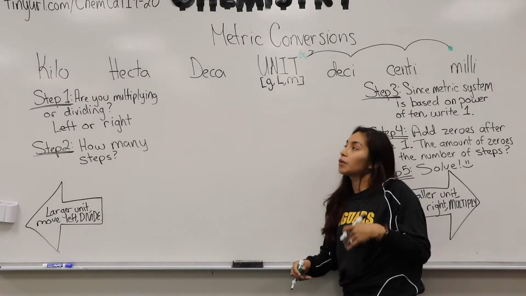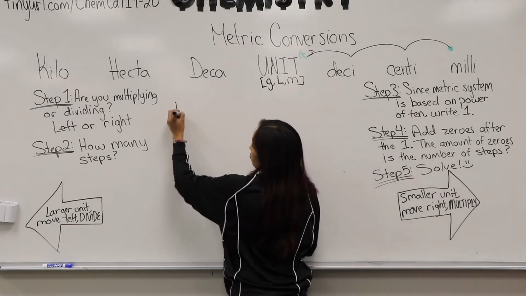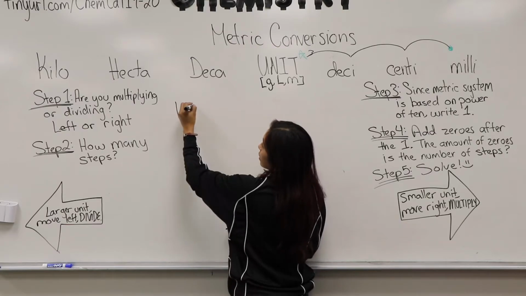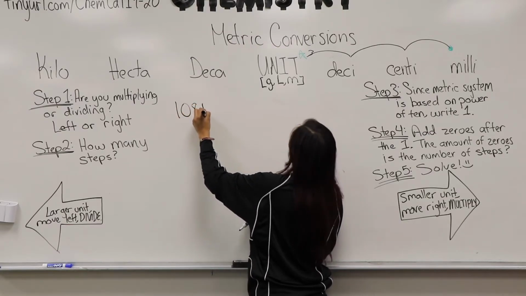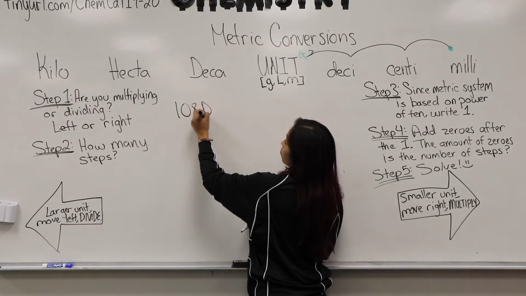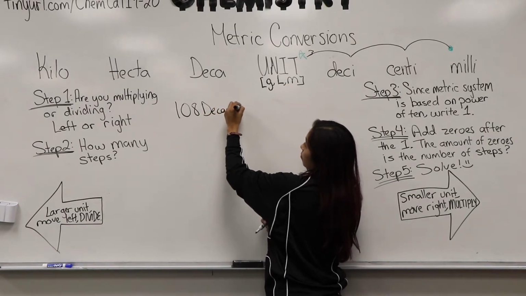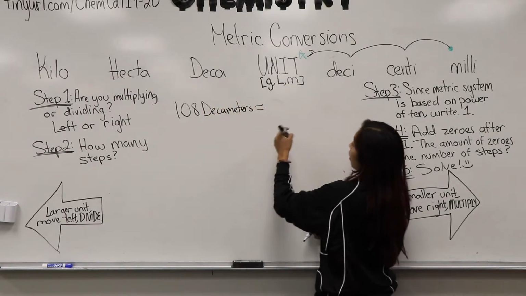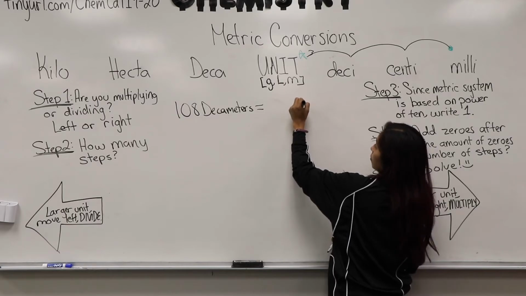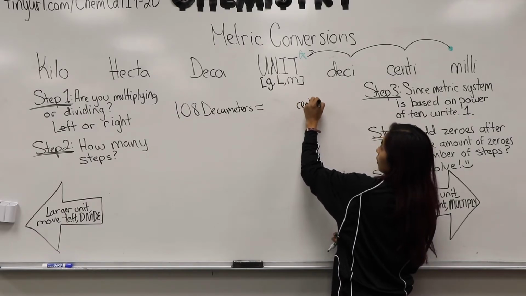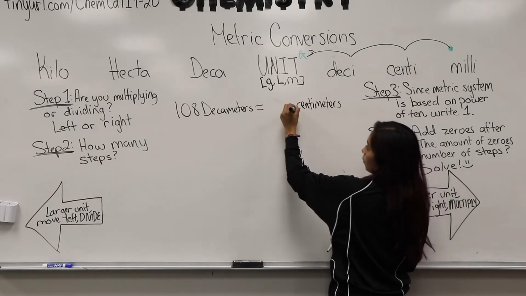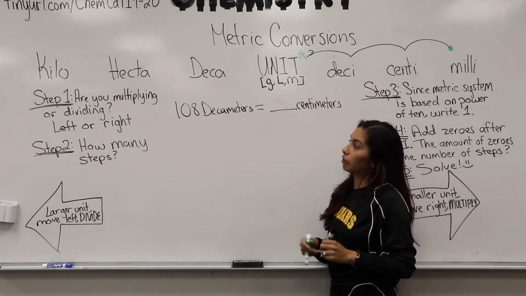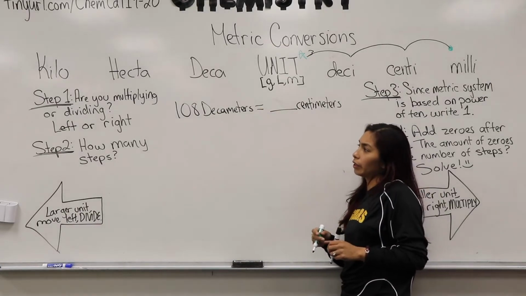Let's do another one. So we have 108 decameters. How many centimeters do I have? Okay, so step number 1, are you multiplying or dividing?